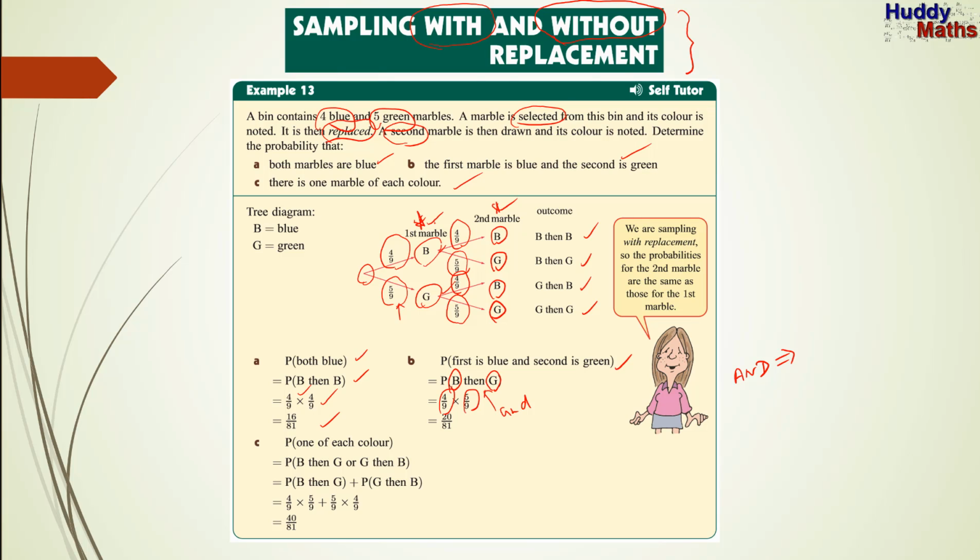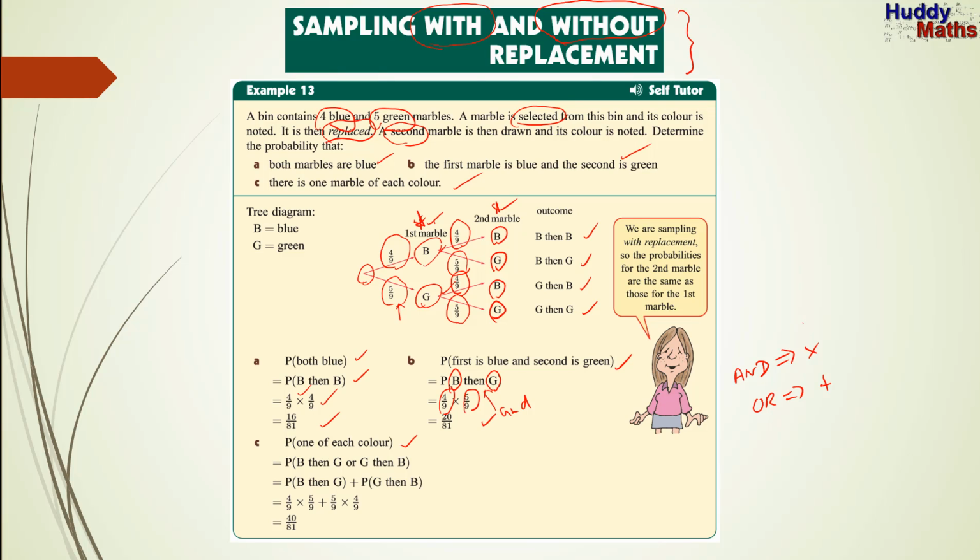And implies you're going to times, so you're going to multiply. And or implies you're adding up more possibilities. You're getting more possibilities, so you have to add up all your chances. Okay. All right. So and we can multiply those out then.